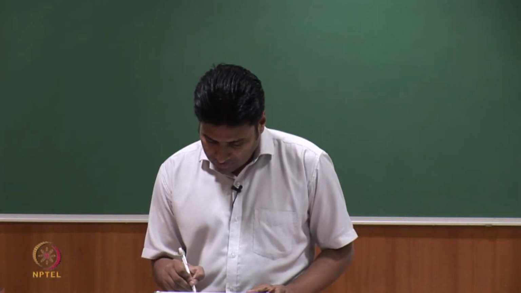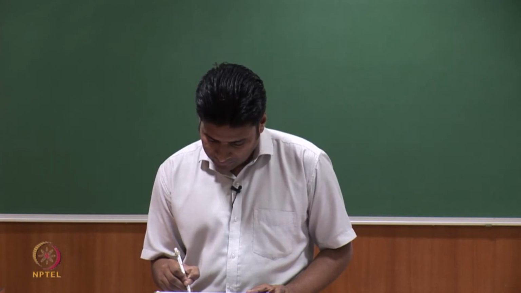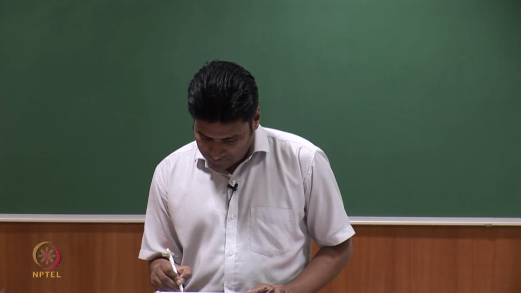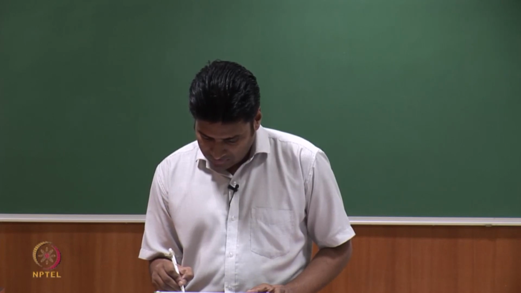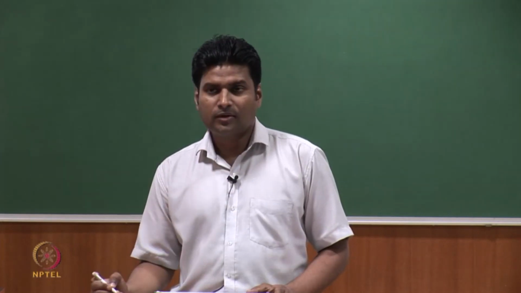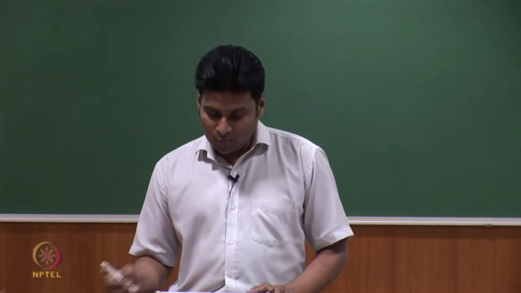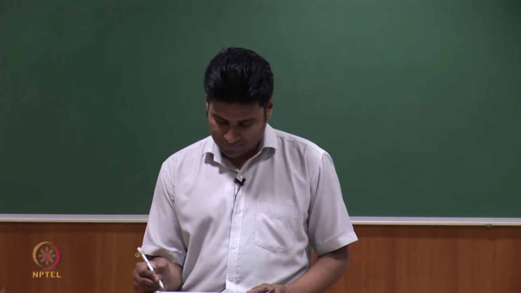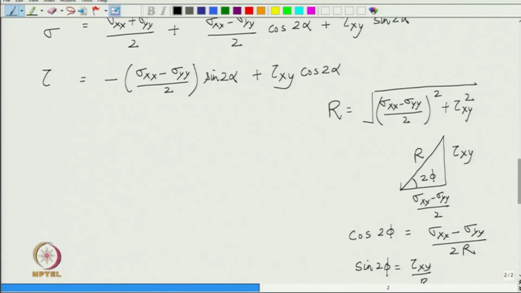And what about sin 2 phi? That is tau x y divided by r, right. So, let us substitute this in our formula for sigma and tau, all right. So, we have everything here.